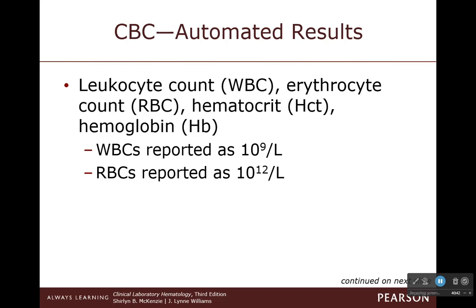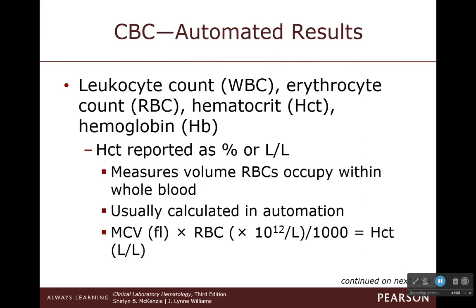Even though MCV is considered an indice, a lot of instruments now measure the MCV, the size of the cells going through the impedance and the light, and by the count and the volume, they're able to calculate the percentage of red cells.